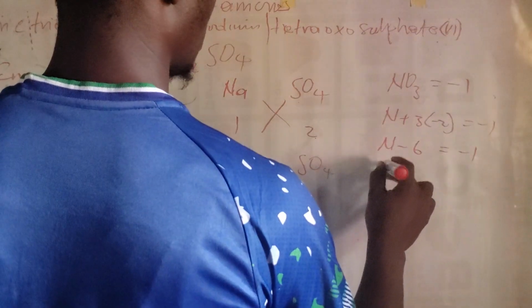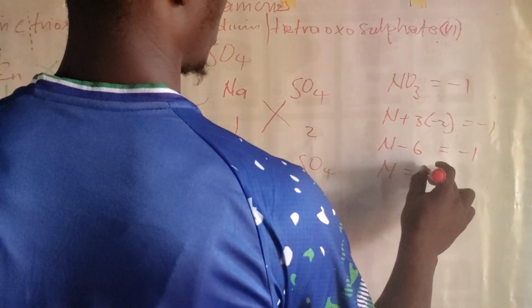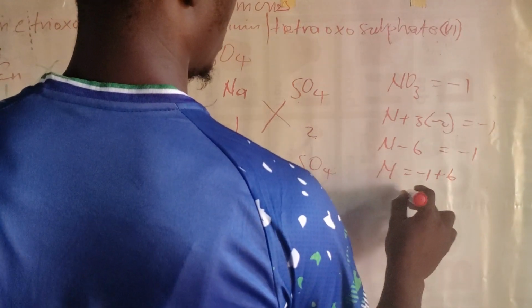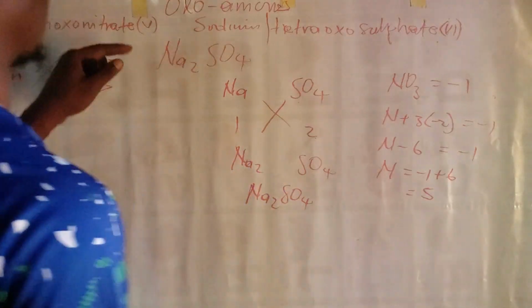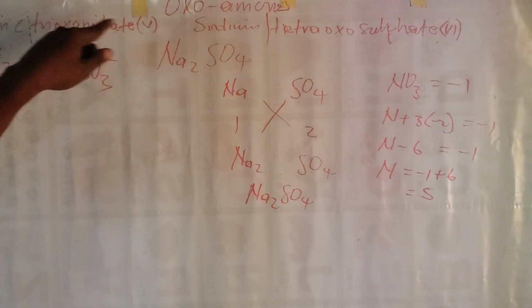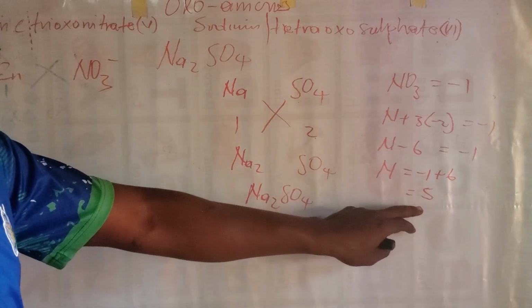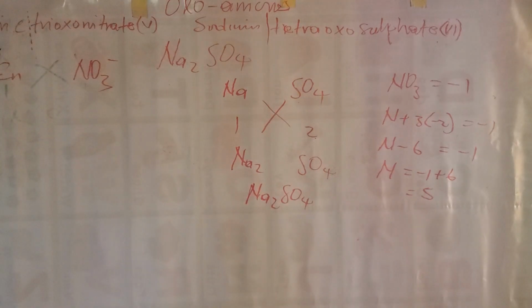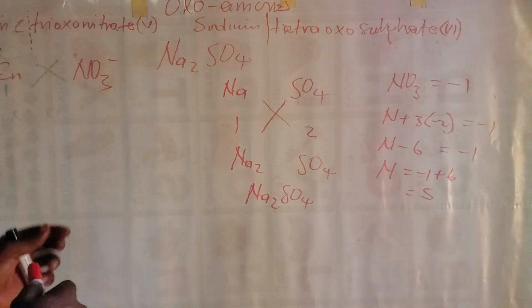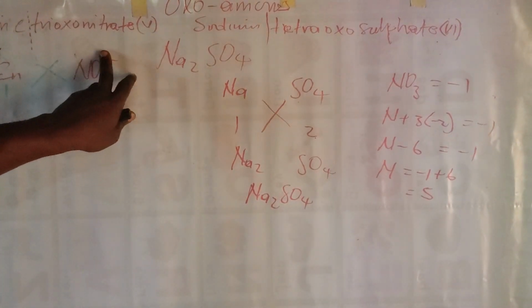You transpose, you have N equal to -1 plus 6, so you have 5. That's why this one is named trioxonitrate 5, because the oxidation number for nitrogen is 5 in that case.